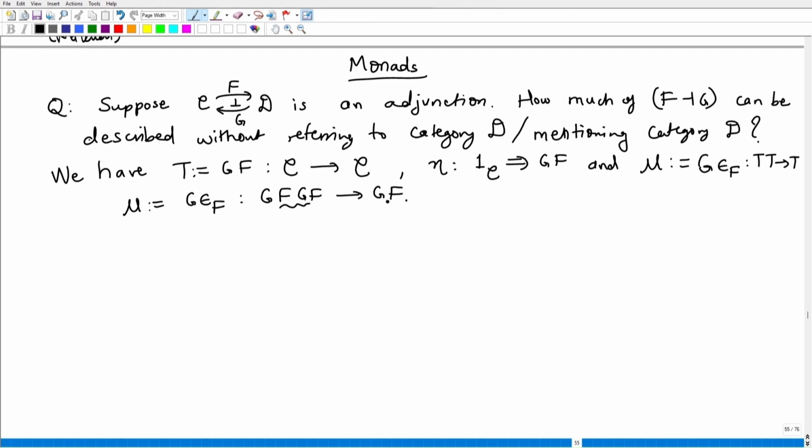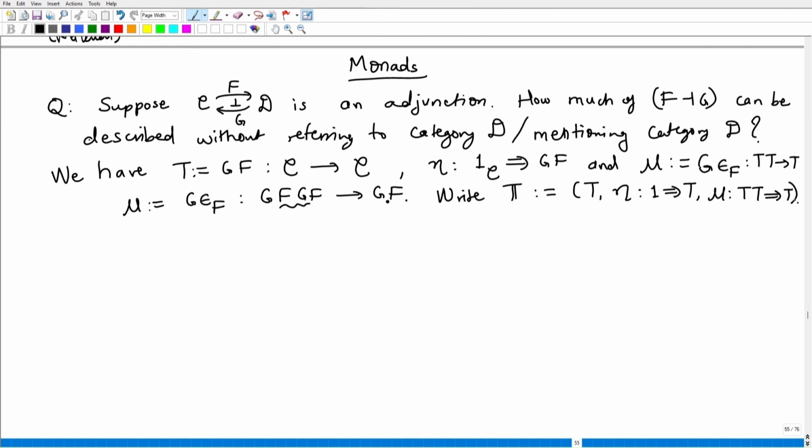Okay, so we have this data, and this data can be written as T equal to (T, eta from 1 to T, and mu from TT to T).